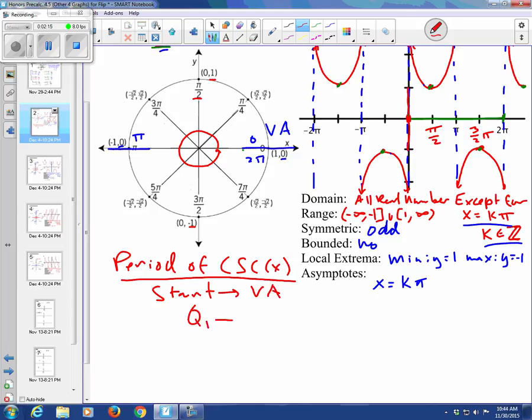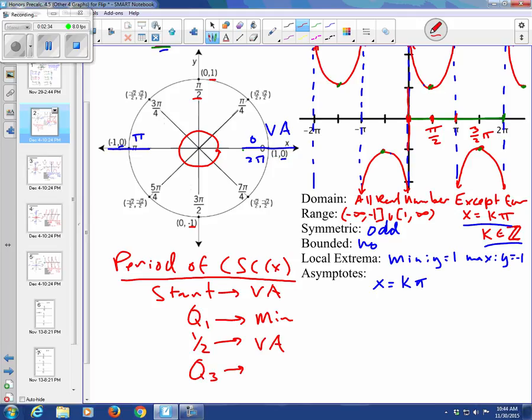In our first quarter, pi over 2, we're going to see a min, and at the halfway point, pi, we're going to see a vertical asymptote again.